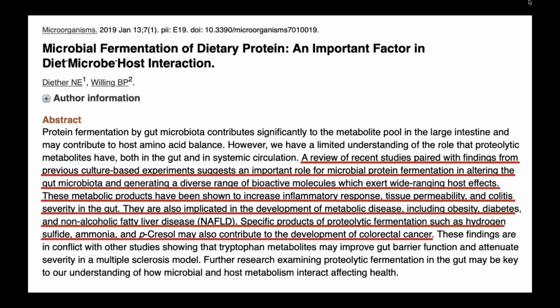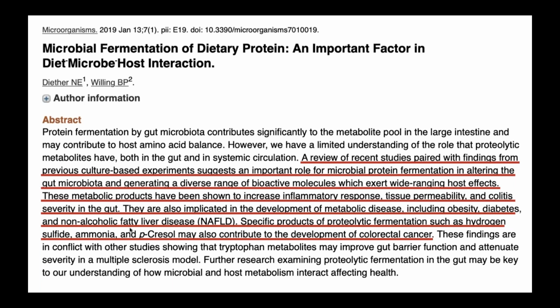Specific products of proteolytic fermentation, such as hydrogen sulfide, ammonia, and P-cresol, may also contribute to the development of colorectal cancer. One other thing I want to note here, I didn't include this study in this webinar, but a recent research study showed that protein fermentation in general, and particularly P-cresol, a product of protein fermentation, is produced by Clostridium difficile and gives it a competitive advantage.